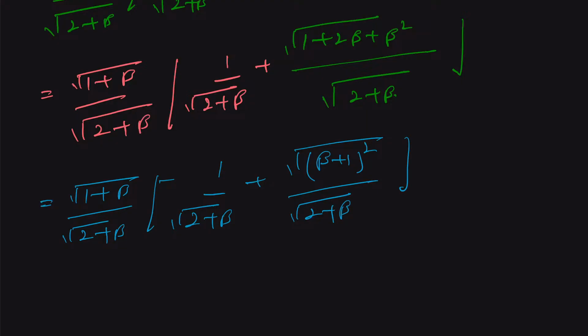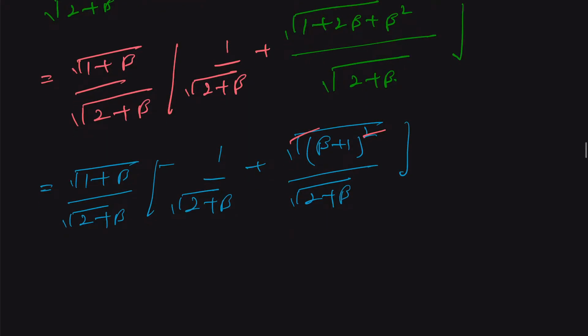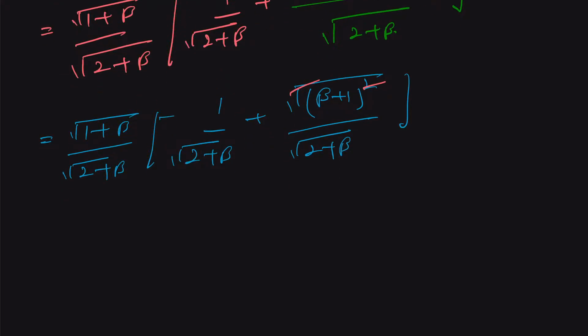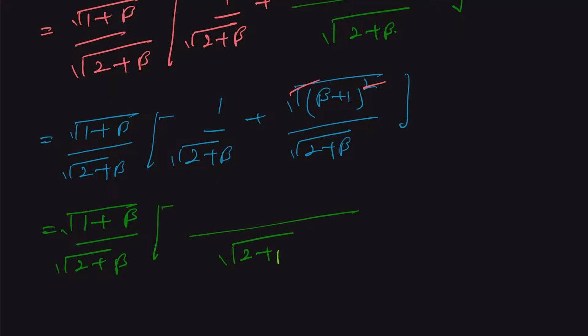And this cancels out, and we multiply inside by this square root, or let us take the LCM first, then we are going to multiply it. Therefore we get the square root of 1 plus β times the square root of 2 plus β. The denominator will be the same, 2 plus β, and the numerator we are going to get as 2 plus β.